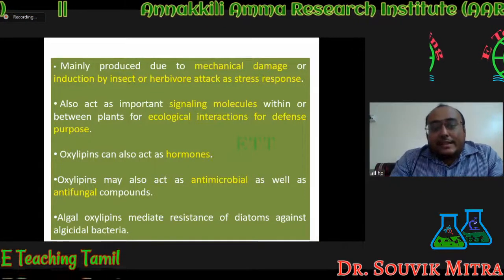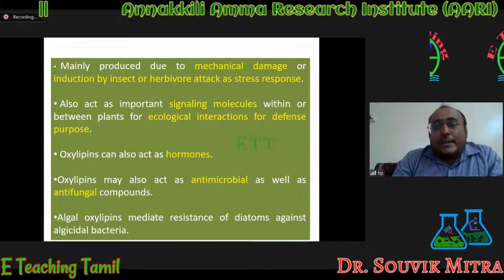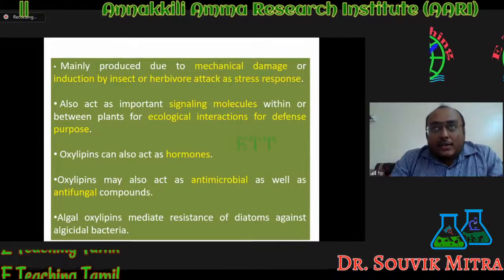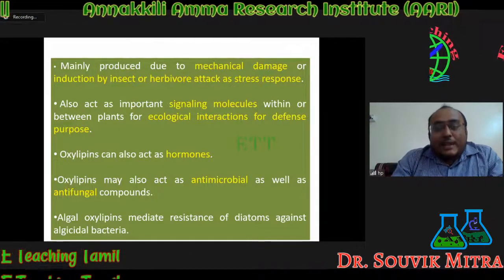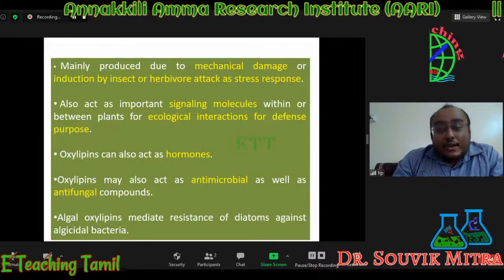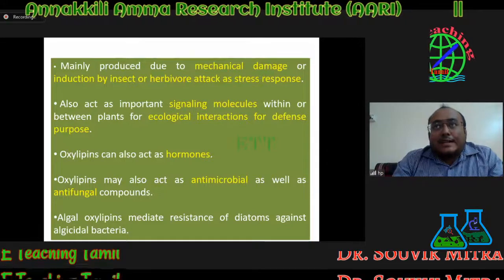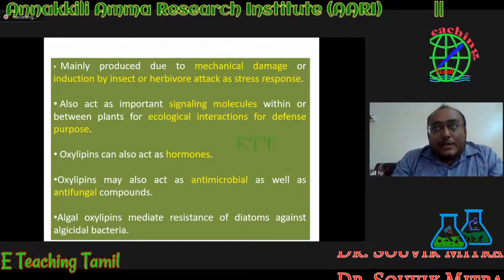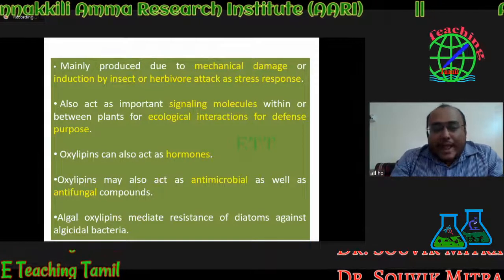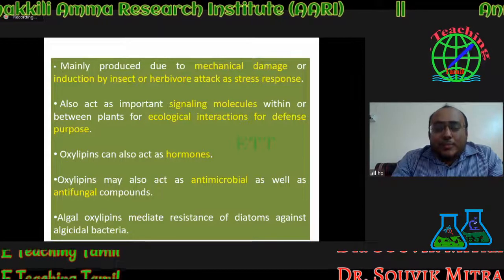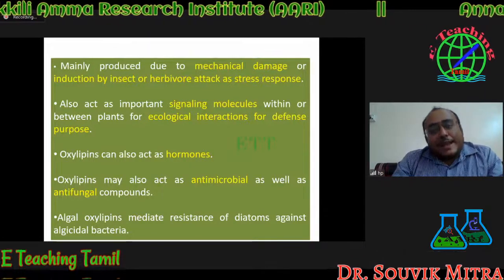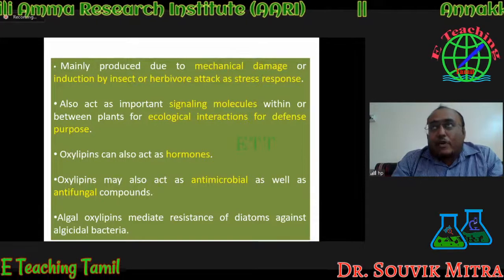They also act as important signaling molecules between plants or within plants, and they act in ecological interactions for defense purposes. So these compounds basically act in defense response. They can also act as hormones, and there are some reports that oxylipins may also act as antimicrobial as well as antifungal compounds.